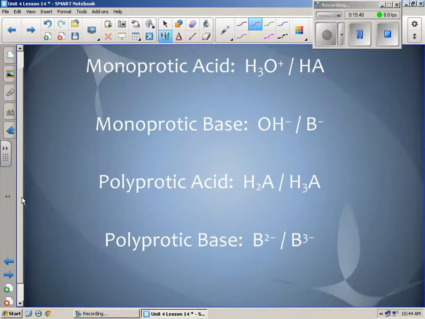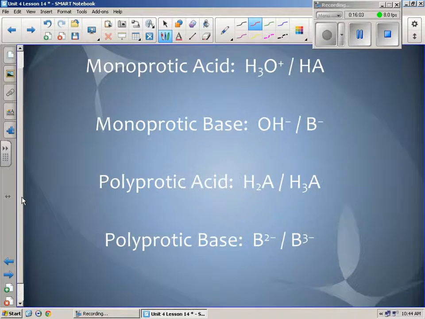Polyprotic acids look like this, H2A or H3A. So examples of that, polyprotic acids, sulfuric acid, H2SO4, phosphoric acid, H3PO4. Okay? They have more than 1 H plus that they can donate. H2SO4 donates 1 H plus, and then you get HSO4 minus.